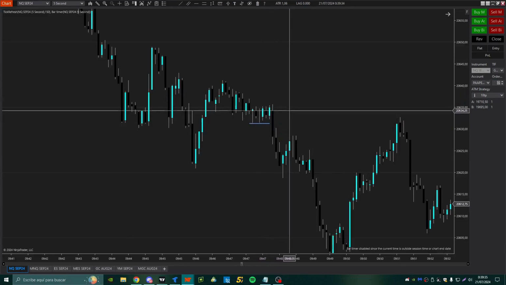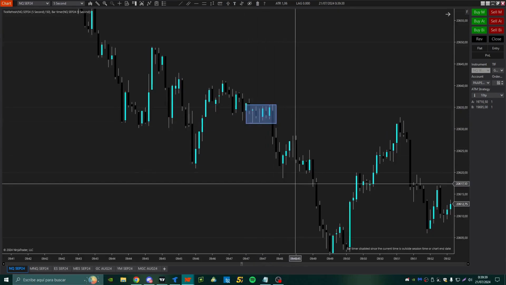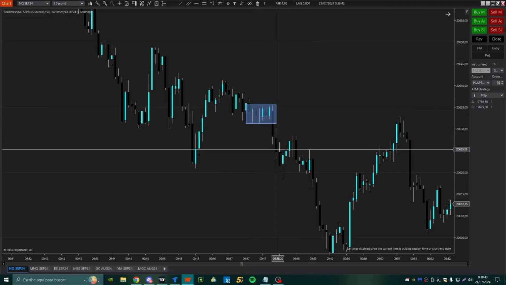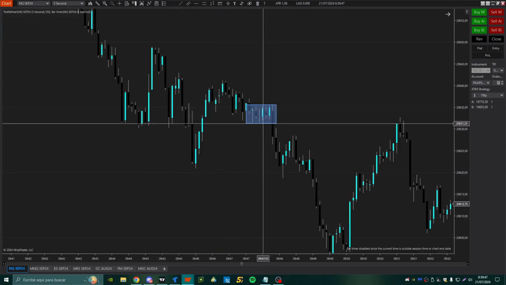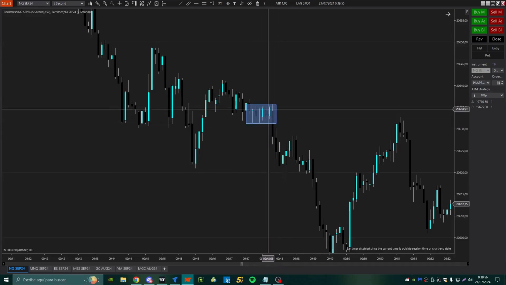This area that it will leave will usually become responsible if the movement is a good displacement. Therefore, it triggers the order and gives me a stop loss right away, so I will know where it will be. Obviously, it will depend on the size of the area as well.